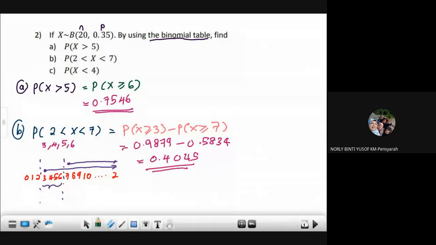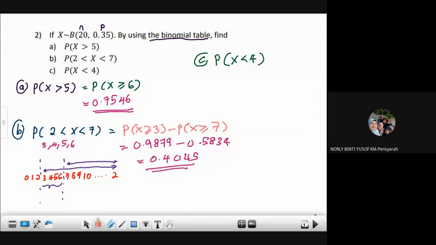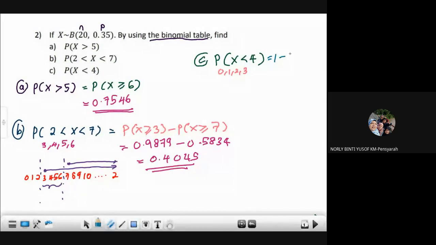Okay, and then for C, kita nak lesser than for the discrete lah. Tapi kita tak boleh baca table lesser kan. So kita adjust dia punya discrete so that kita boleh guna konsep of greater than. So samalah sebab lesser than 4 kita nak 0, 1, 2, 3. 4 tak termasuk kan. So pakailah konsep of total probability. So 1 tolak greater or equals to 4 because 4 is not included, right?